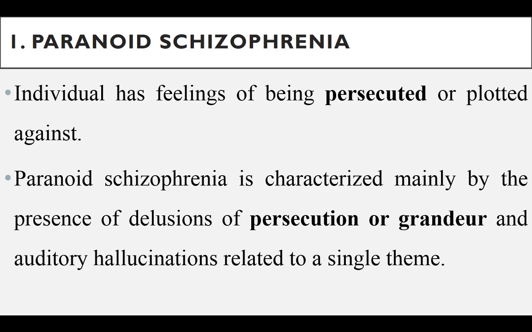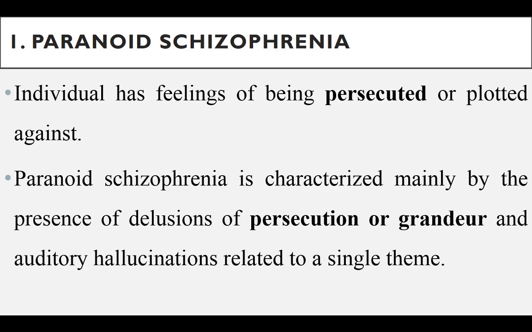Now, delusion of persecution, on the other hand, is what we have seen just now, with a single theme. They want to harm me, they want to poison my food, or they want to go and defame me, and all that.